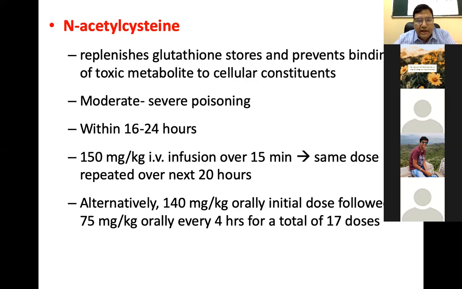Alternatively, we can give it orally 140 milligram per kg initial dose, followed by 70 milligram per kg orally every 4 hourly, so as to administer a total of 17 doses.